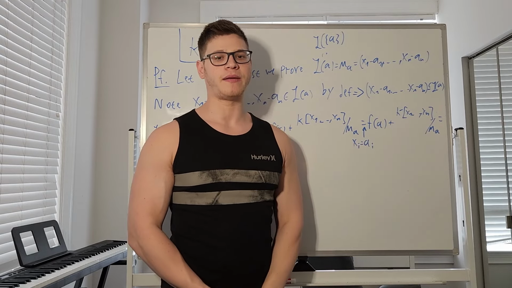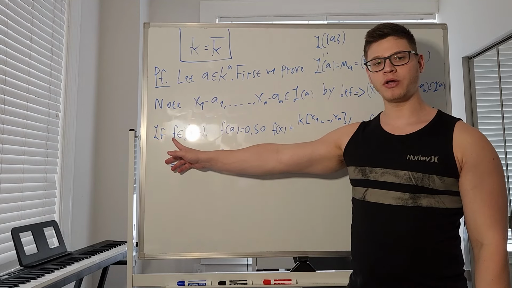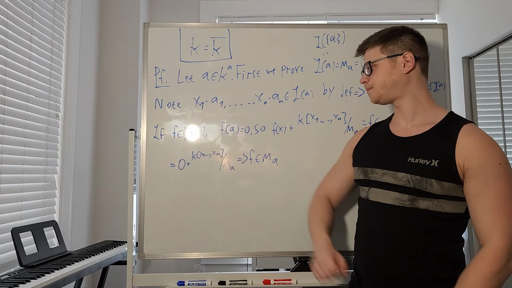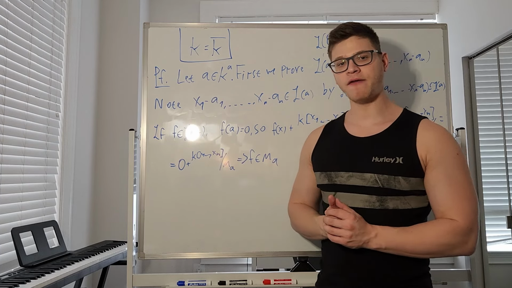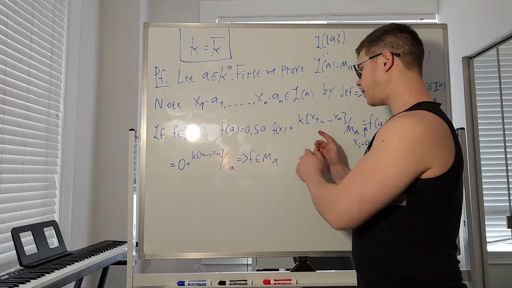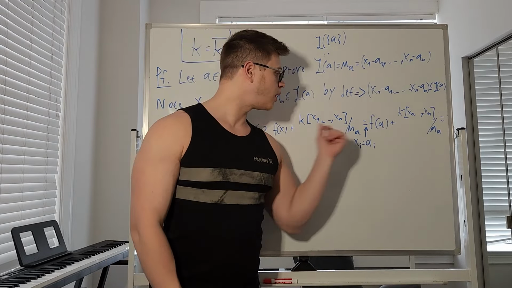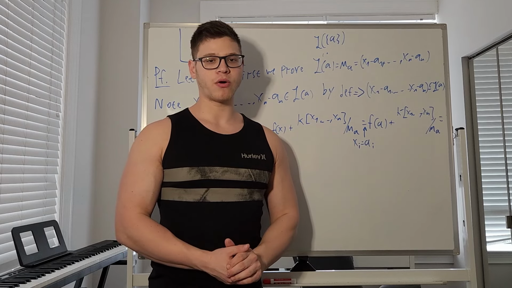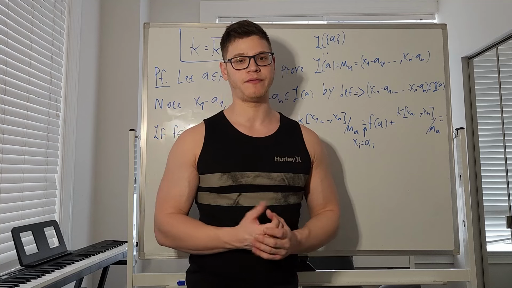is inside of I_A. Conversely, suppose that we have a polynomial f that is in I_A. Now, f of A is equal to 0. So we take the projection of f in this quotient ring, k[x1, ..., xn], the polynomial ring modulo M_A. So recall that being 0 in the quotient ring is the same thing as being an element of the ideal.